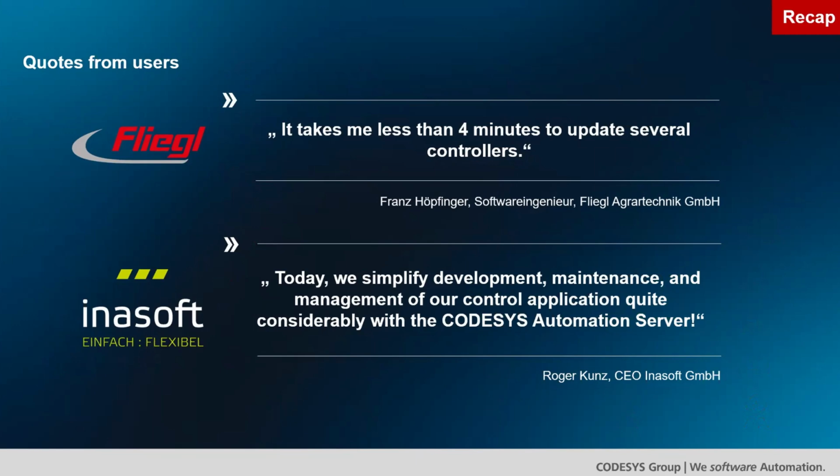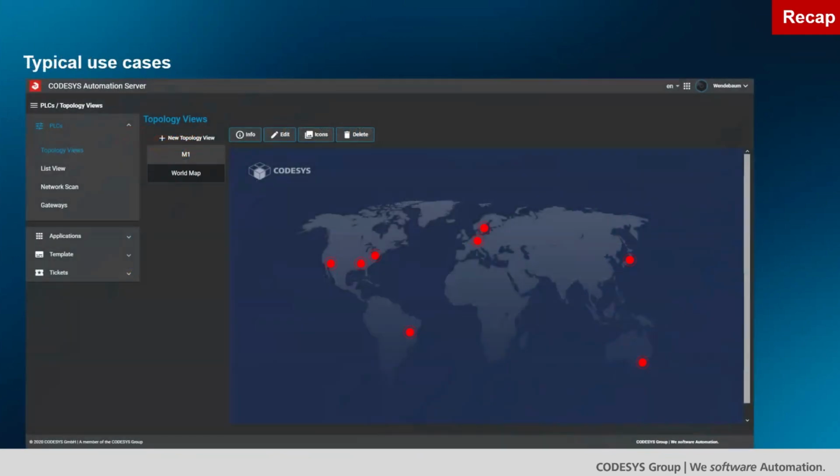And they said, yeah, today we simplify the development, maintenance, and management of our control application quite considerably with the CODESYS automation server. And from their application, we took that screenshot here, a world map where they have different locations of their machines running, and they can easily now access the controllers and the machines worldwide.